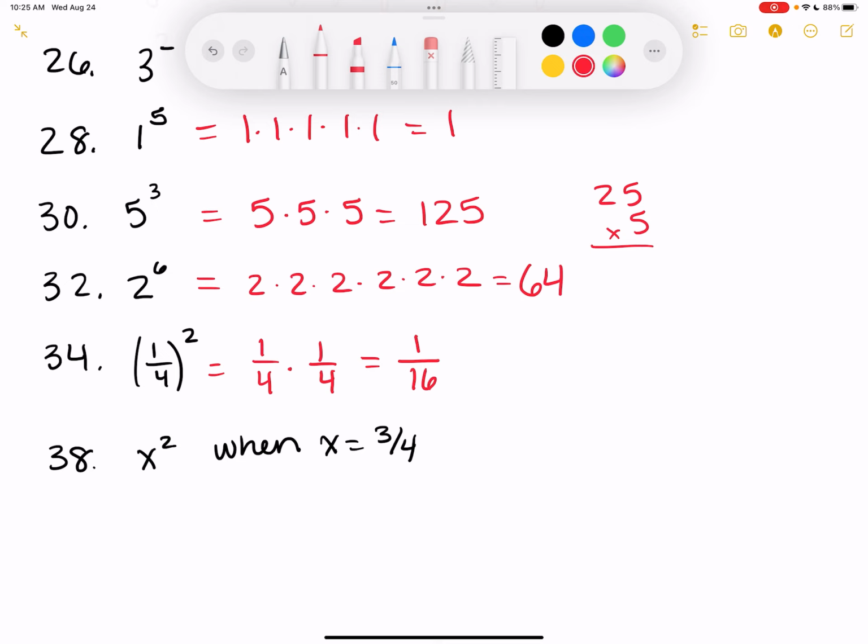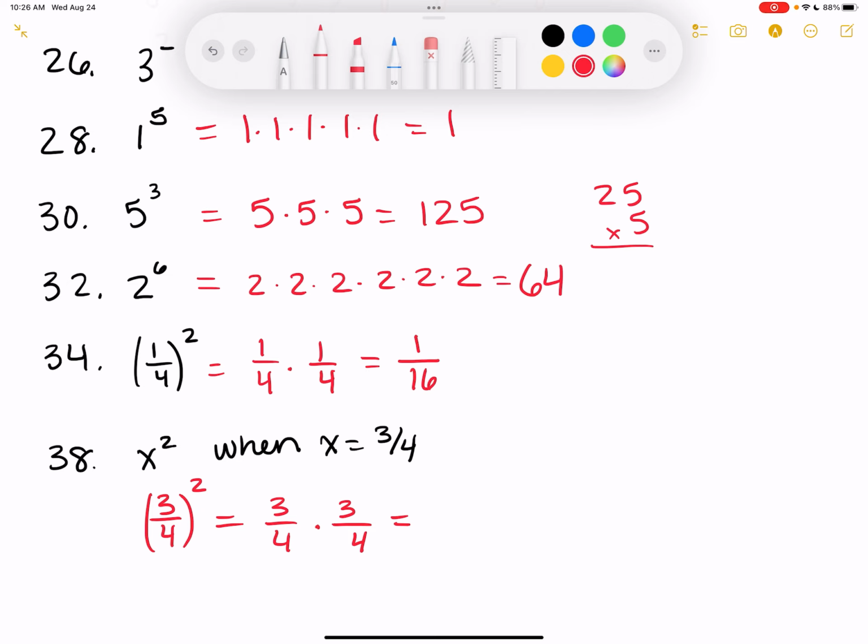So we plug in the 3/4 to the x squared. So we replace x with 3/4. I always like to put it in parentheses, especially when I'm dealing with the powers. Raised to the 2. So then, because it's raised to the 2, I have 3/4 times 3/4.